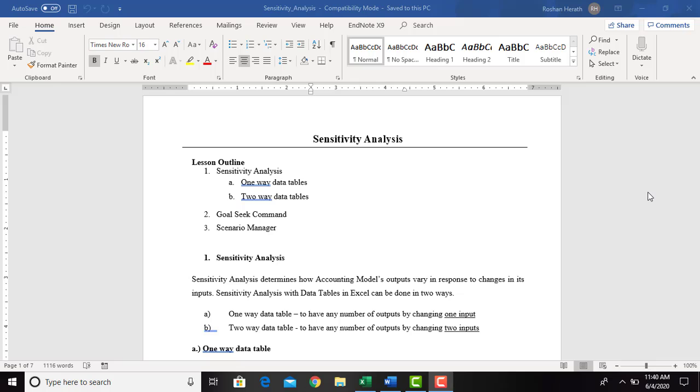So in today's discussion, we'll mainly be taking into account sensitivity analysis using one-way data tables and two-way data tables. Then we are going to discuss the second tool, the goal seek command. And finally, we'll be discussing the scenario manager.